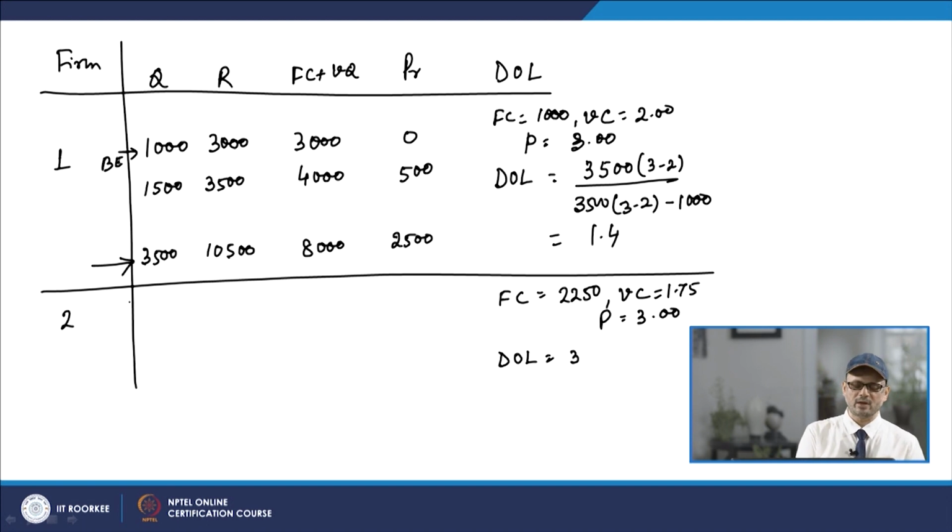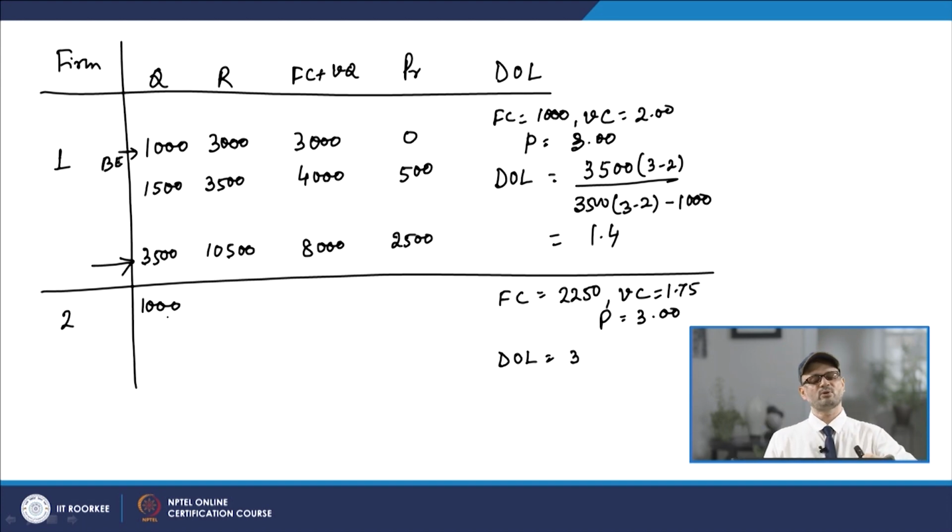Now, let us say we are getting first of all for the 1000 units. For 1000 units we are not still at the break even. If you calculate the break even, it is 1800 units, 2250 divided by 3 minus 1.75. So, you have to maintain production or sale at 1800.